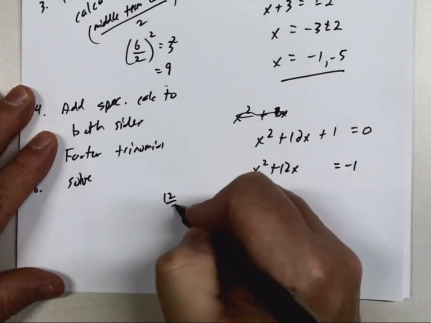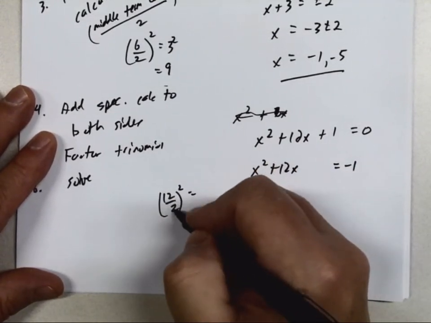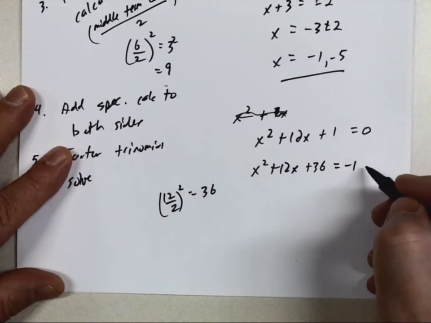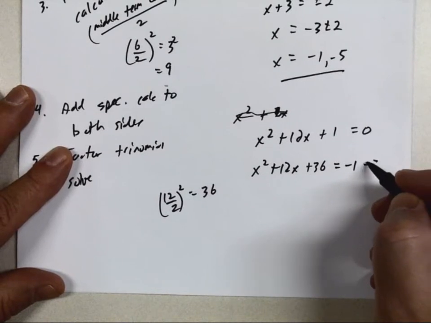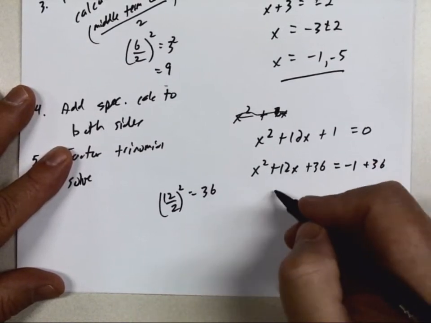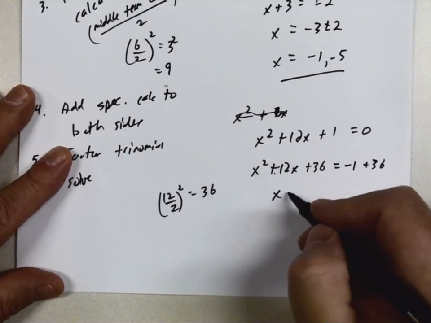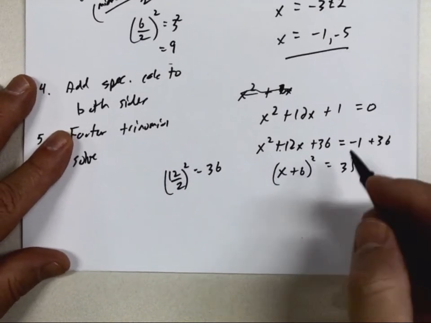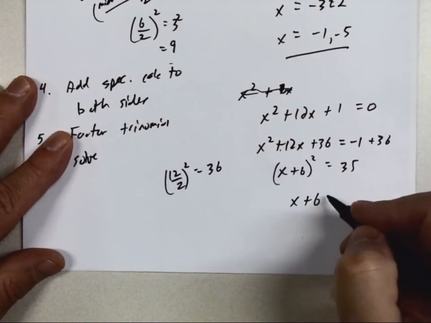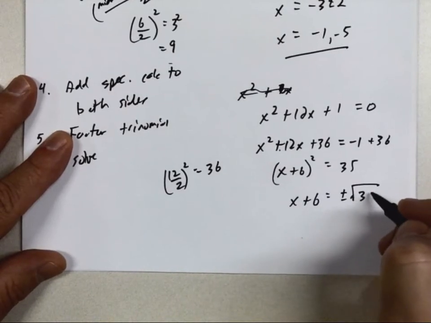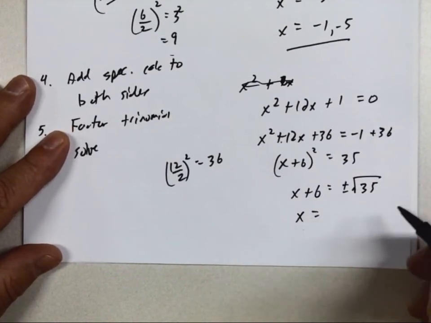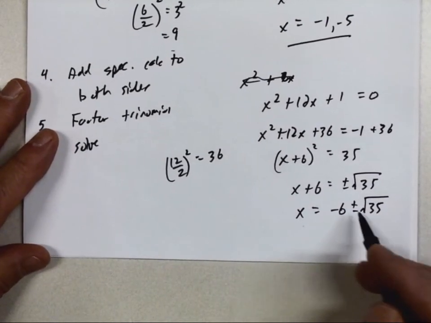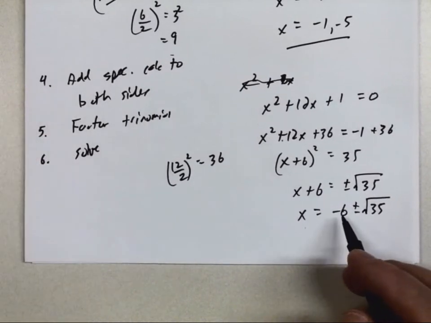Special calculation: 12 divided by 2 is 6. 6 squared is 36. Add 36 here. Add 36 here. This is x plus 6 squared equals 35. Take the square root of both sides. X plus 6 equals plus or minus the square root of 35. So in my solution, I end up with a square root, which means this would not have factored. I could not have solved this problem by factoring.